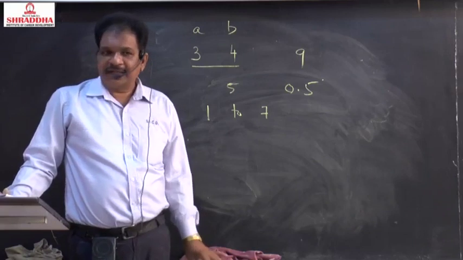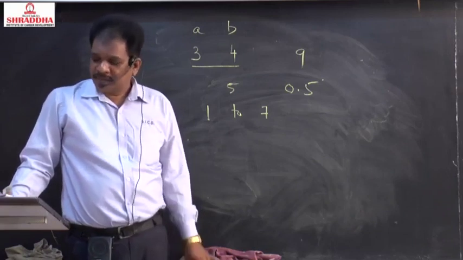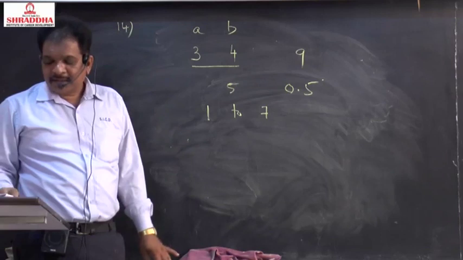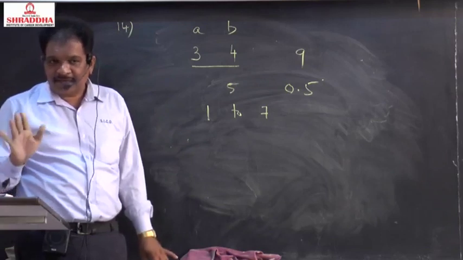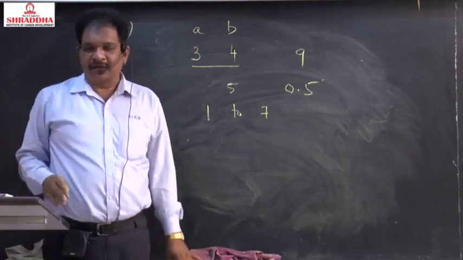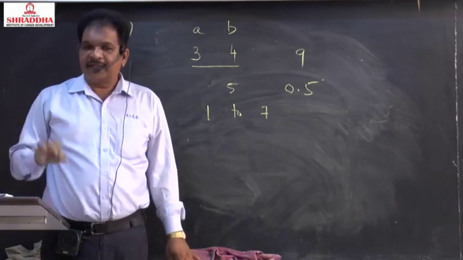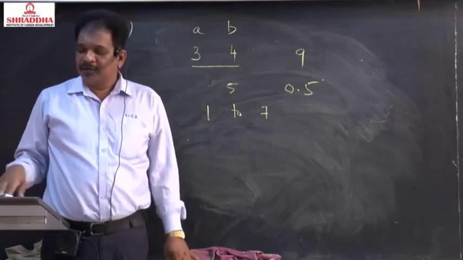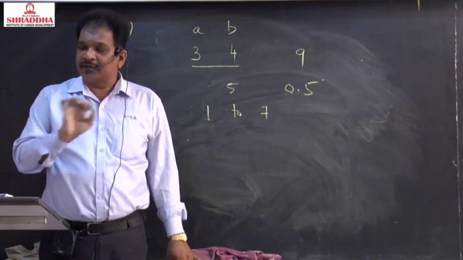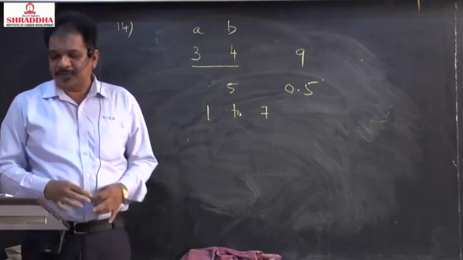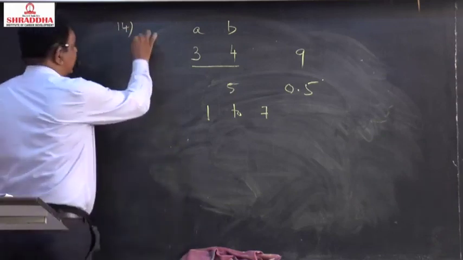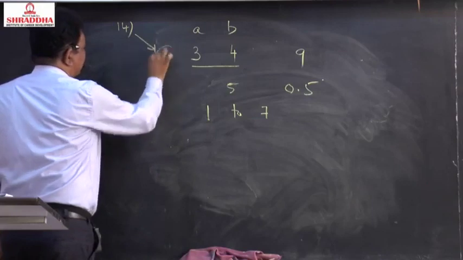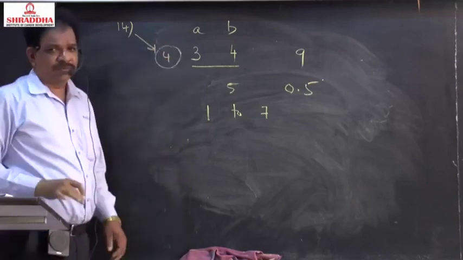Second option, less than A plus B, no. Next, the word 'always' is there, that's why that is wrong. Always greater than A plus B is wrong. Not greater than A plus B, that is correct. The 14th answer will be the 4th option.